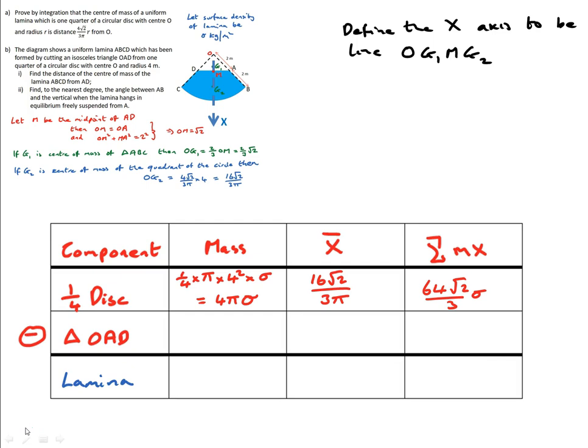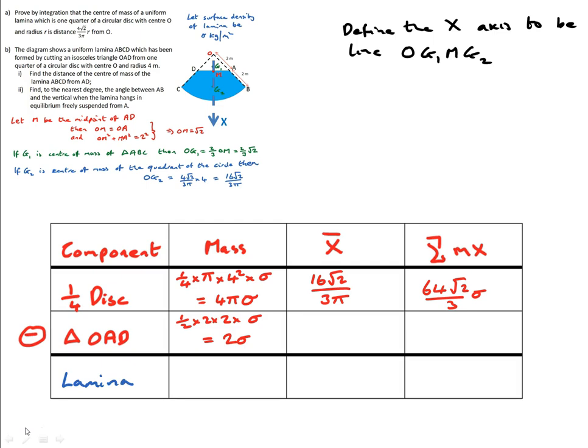Now for the triangle that we're cutting off, this is the triangle OAD, the area of that triangle is simply going to be a half times 2 times 2. So that is an area of 2 meters squared. So the mass is going to be 2 times sigma. We have already determined that the centre of mass of the triangle OAD is the point G1, where OG1 is 2/3 of root 2.